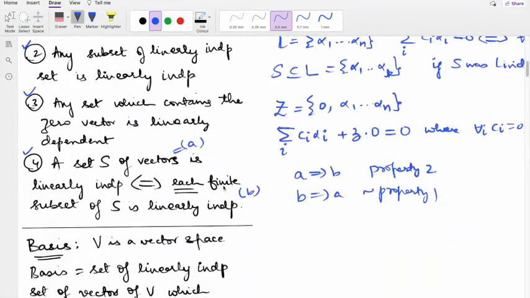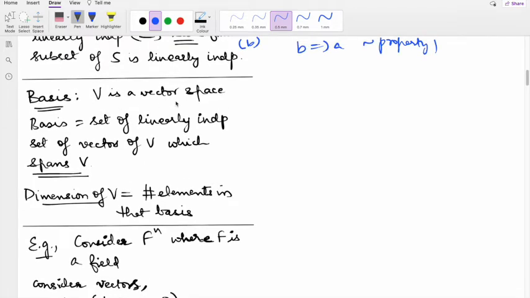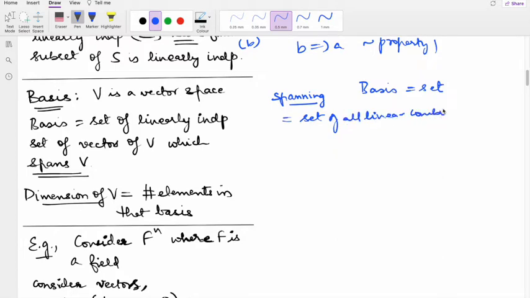Now this will become important when we look at basis, which is what we come to. So what is a basis? Let's say V is a vector space. A basis is defined as a linearly independent set of vectors of V which spans V. We already know what spanning is: the spanning subspace of a set is the set of all linear combinations of the elements of that set. We saw this in the last lecture.